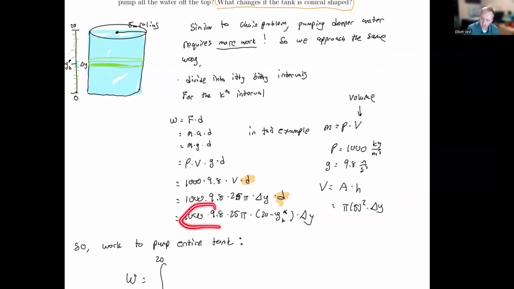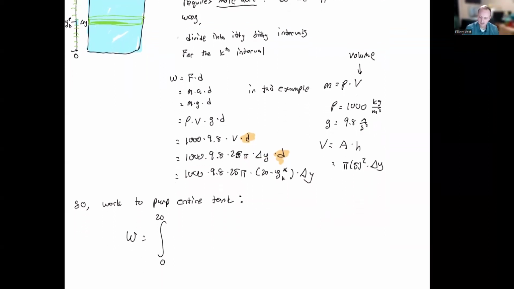So we found for a kth slice the amount of work to take that out. Let the number of slices go to infinity and add them all up. That's what an integral does, because integrals are really amazing. This is 9,800 times 25 pi times 20 minus y dy. You change this to a dy for that infinitesimally small amount.